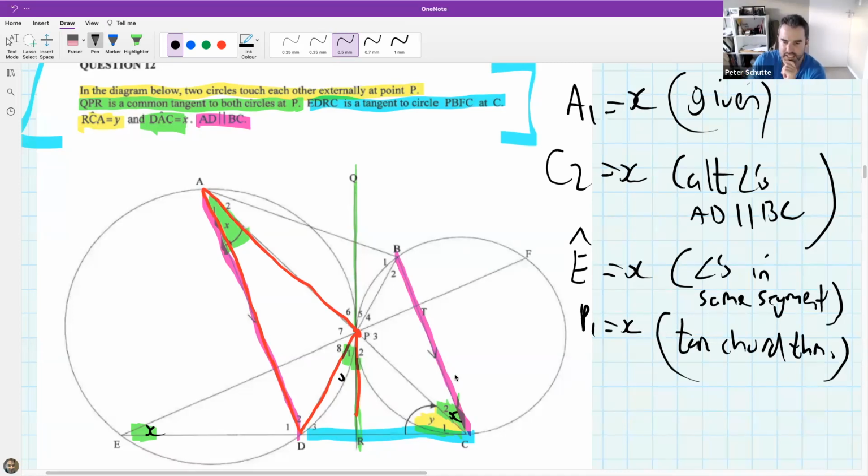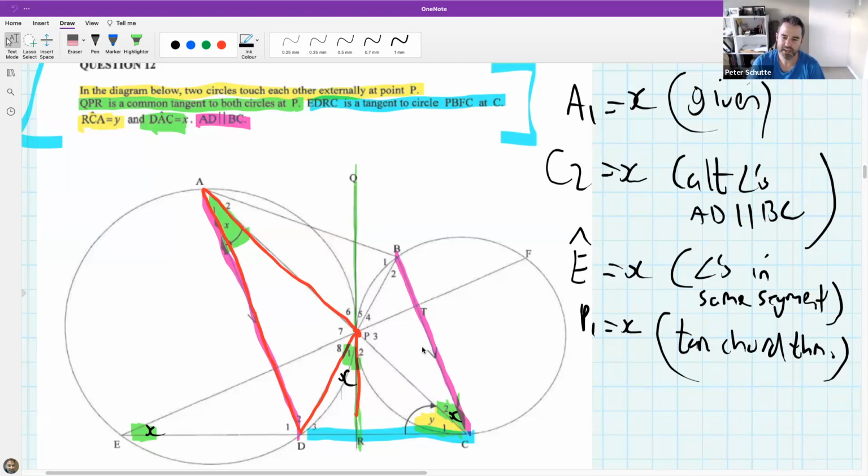Okay, how many have we got so far? We've got 1, 2, and 3. We need 1 more. Who can help us with 1 more? Who wants to put their hand up and give us a hint? Remember, all geometric theorems are in play now.